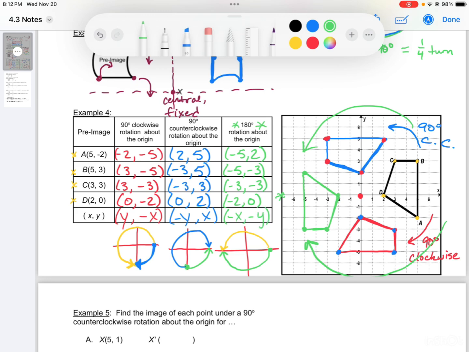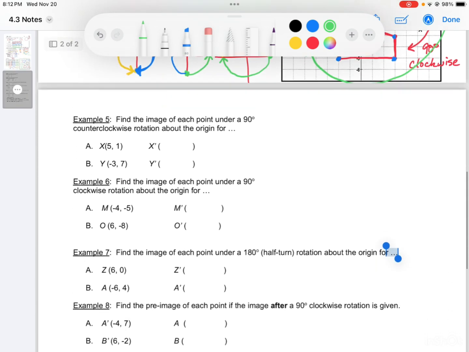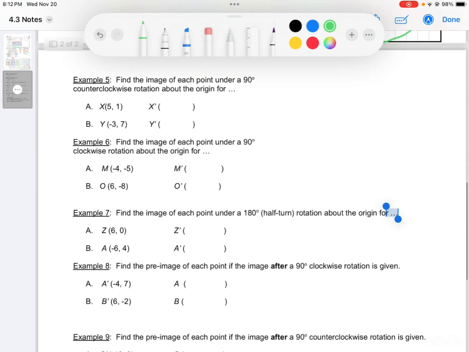And for this, you keep your X and Y the same, but they're both going to be negative. So for 90s and 270s, you swap your X and Y. For your 180, they stay where they are, but they both become negative. So it'd probably be really helpful to keep this table handy as you do your practices.